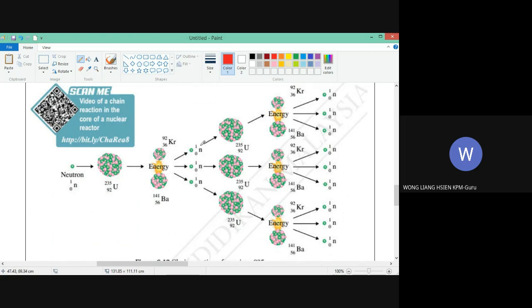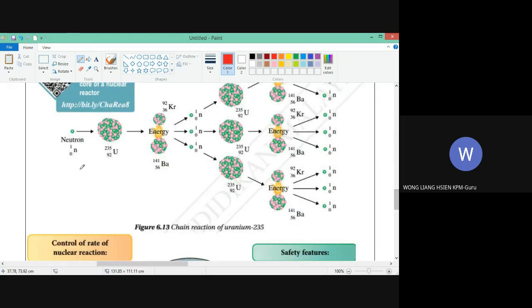So these 3 fast-moving neutrons, if successful, will go into other uranium-235. Remember, you have one lump of substance, and in this substance you have many atoms of uranium-235.